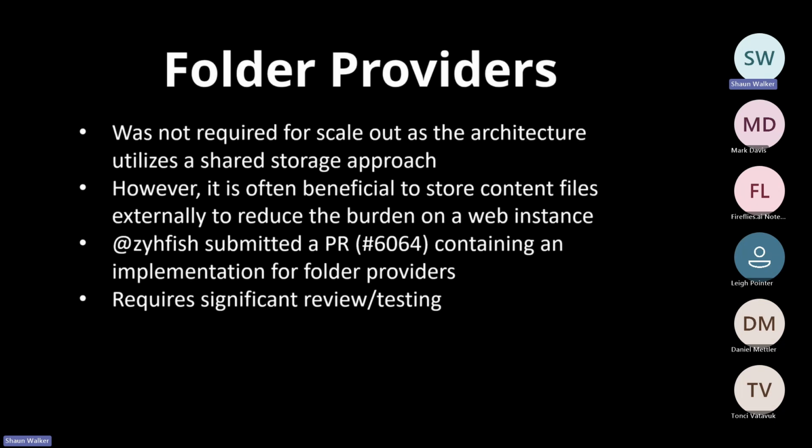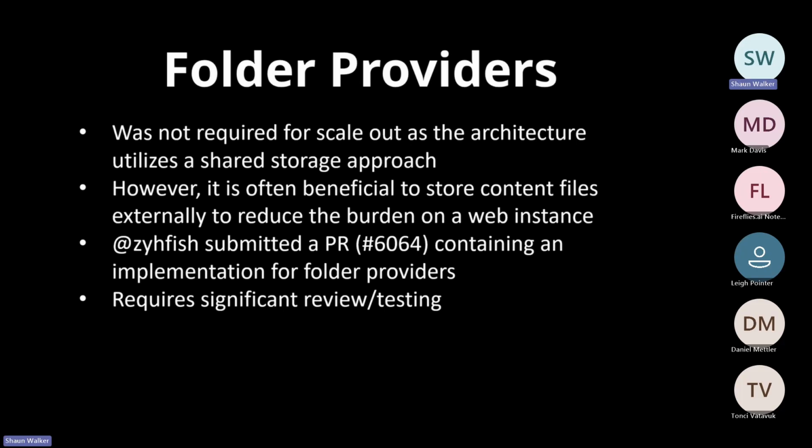All right, so as far as the roadmap is concerned, I've mentioned that as part of the scale out capability, the folder provider concept was not required, but it is a feature that is quite useful when it comes to scaling out your Octane installation, if you want to store your user contributed files in a separate location that's outside of the web instance itself.